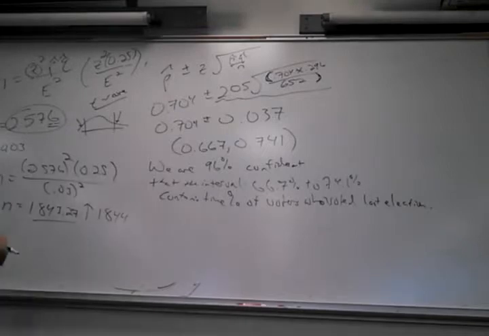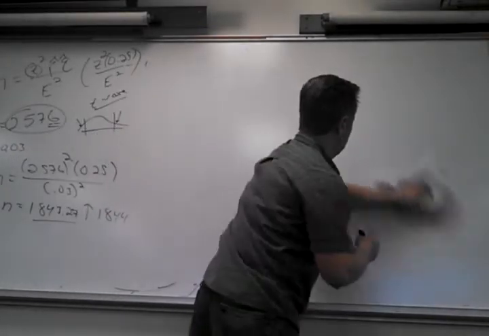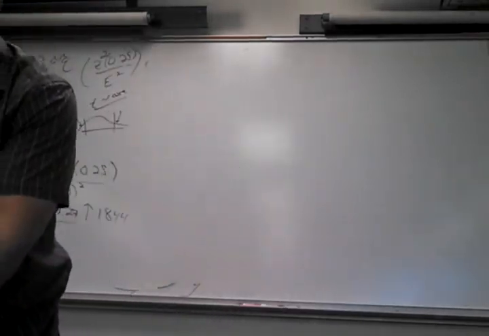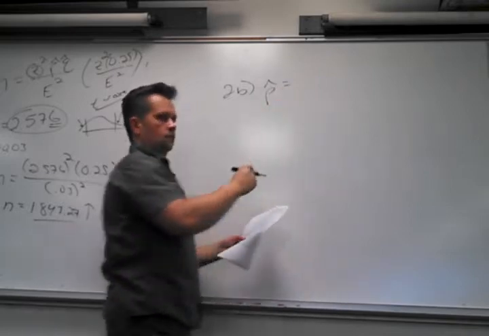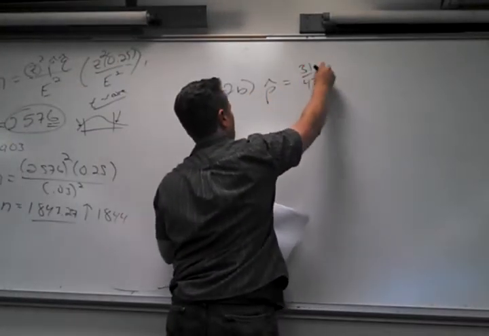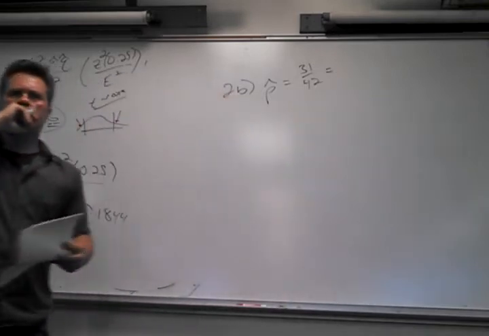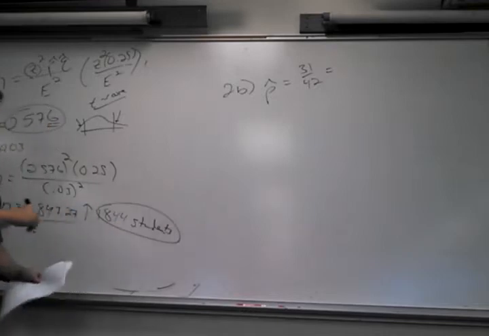It's weird. Part B says do the whole thing again, but now I know what P hat is. Right? For part B, what's P hat? 31 out of 42. That's some units.